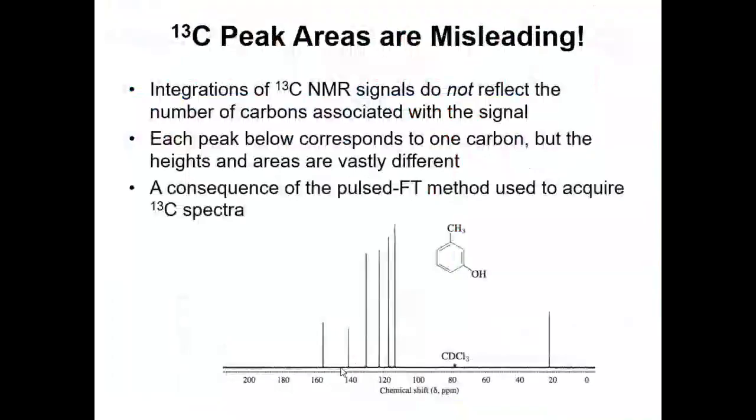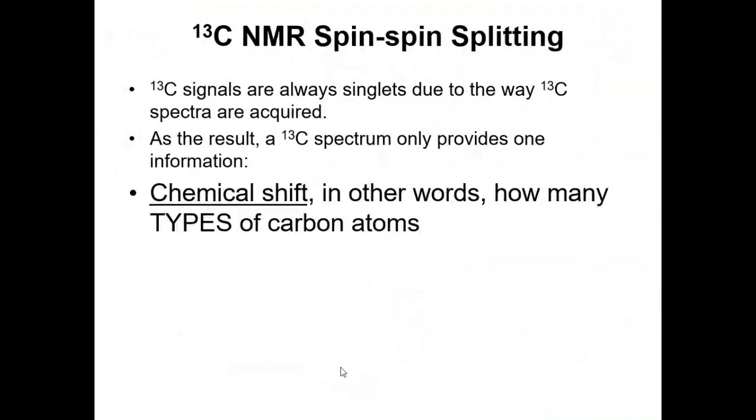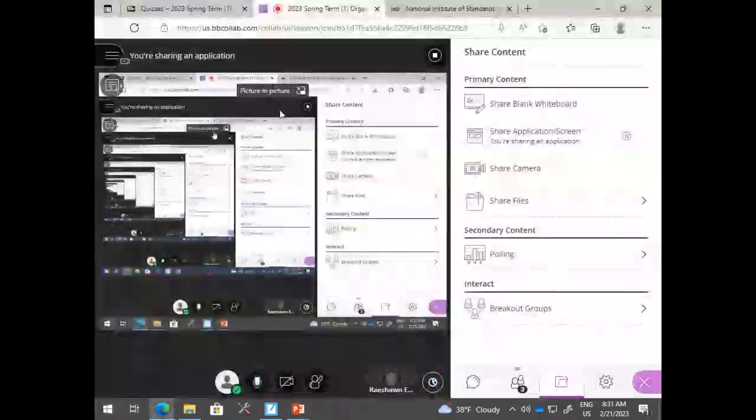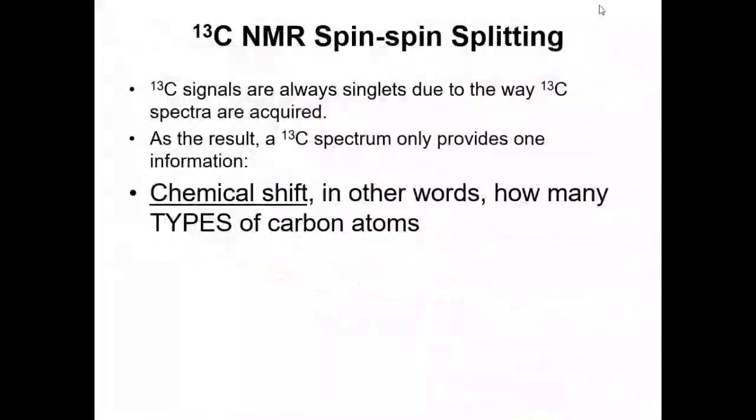Okay. So what we can say is that from carbon 13 NMR, if you look at a carbon 13 NMR spectrum, you only see how many types of carbons you have in a molecule, and the chemical shift value of each carbon will give you a hint about the environment of the carbon.